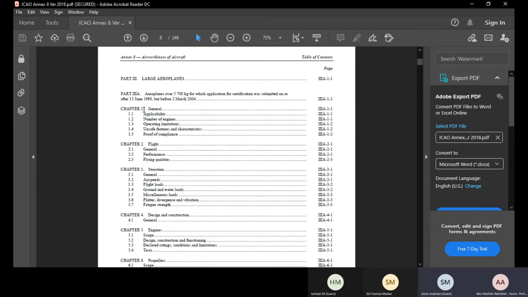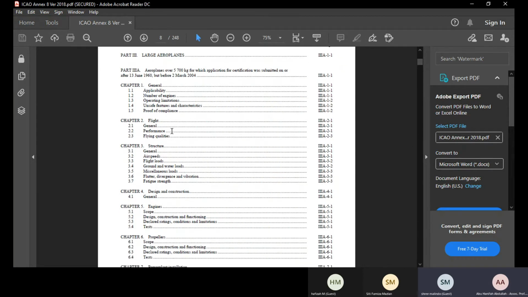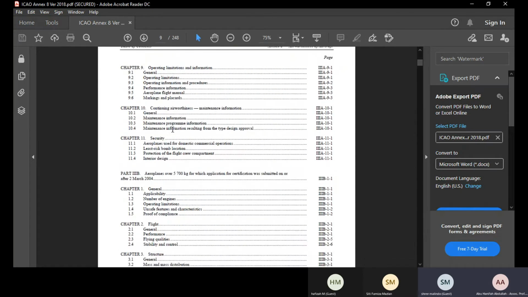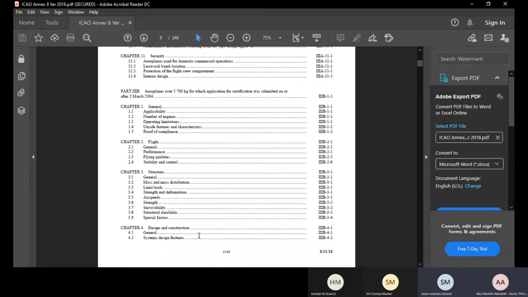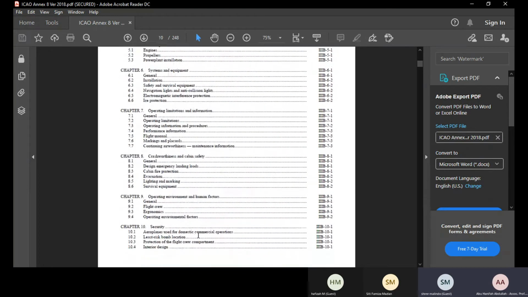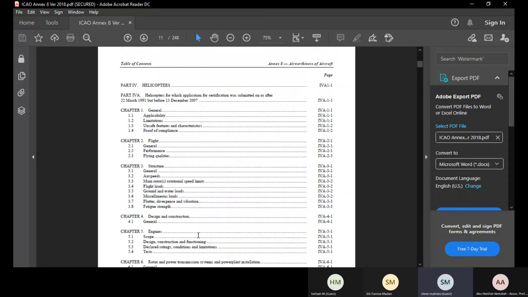Now, if you look at here, chapter 1, now 3B. This is 3B, aeroplane over 5,700 kilo, application for certification was submitted on or after 2nd March 2004. Yes. Then after 3B, you have part 4, helicopter.